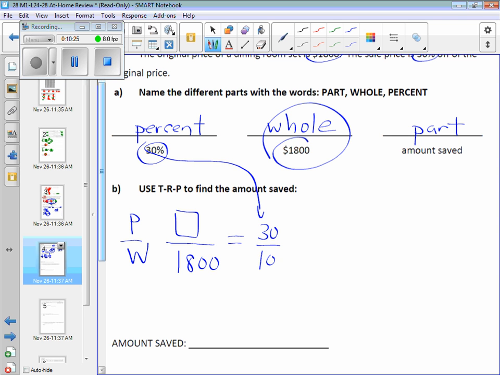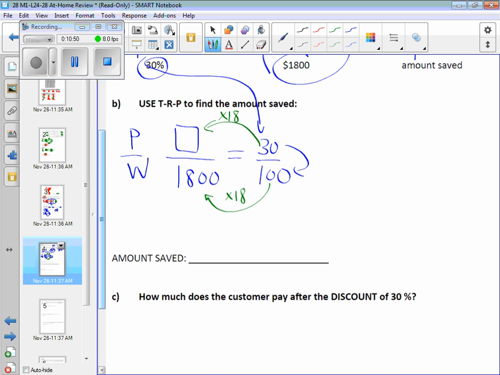And then you look to see where you can connect. Can't connect here. It won't go in evenly, but it does connect evenly here. And that's going to be times 18. And do the same to the top. And if you do 30 times 18, you get the amount of money saved, which is $540.